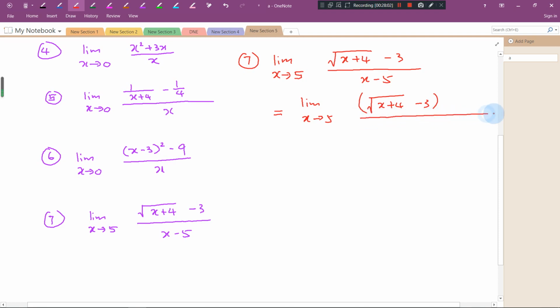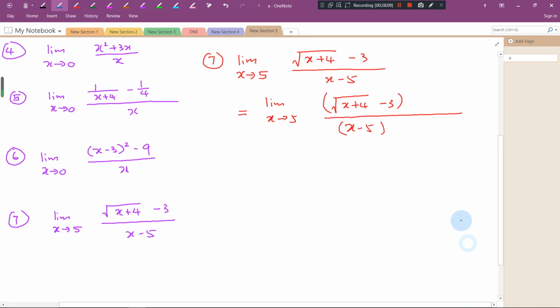Let me copy this one first. x minus 5. I want to rationalize this numerator, so I want to multiply this by its conjugate. It means that everything you copy, you just change the sign here. x plus 4, here's the same thing, so you're using the same symbol. Just this one you change, becomes plus.